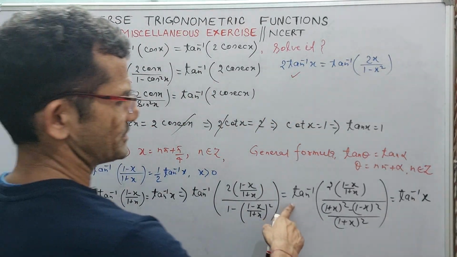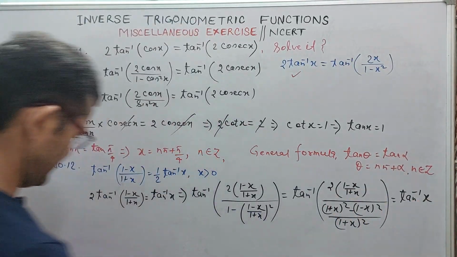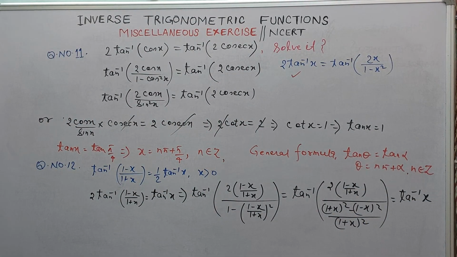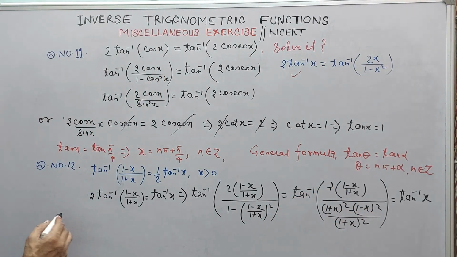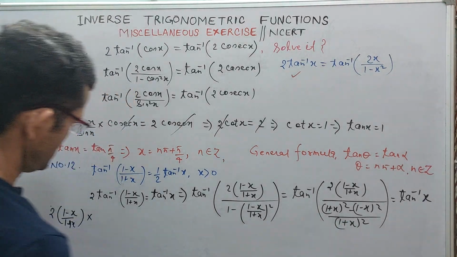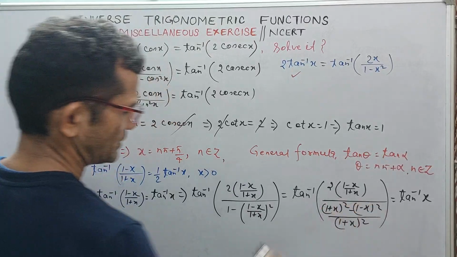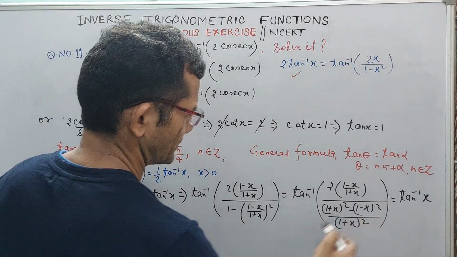So now this tan inverse will be cancelled out, so this expression will be equal to x. Now finally 2 times 1 minus x upon 1 plus x into the inverted 1 plus x whole square divided by this one.